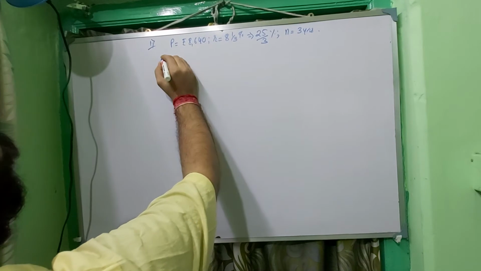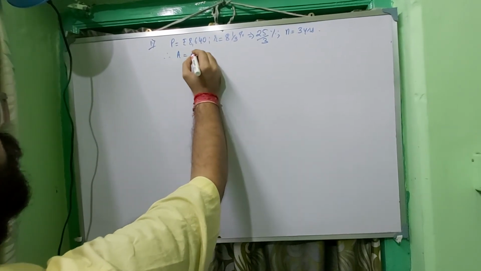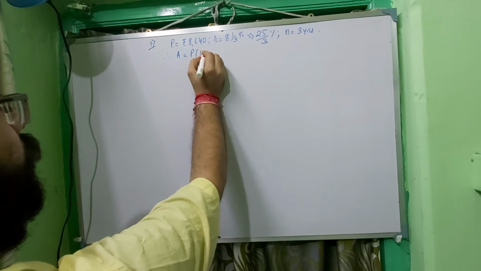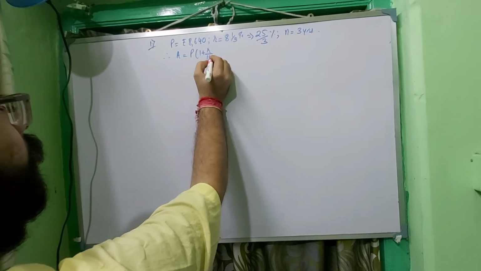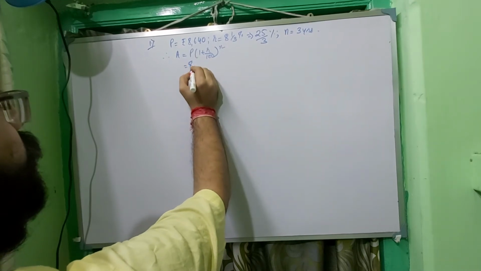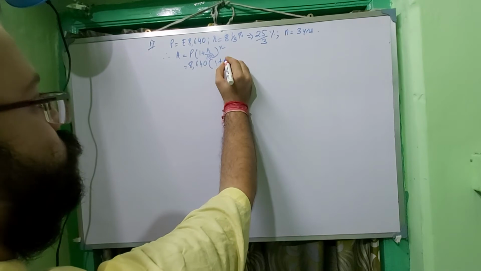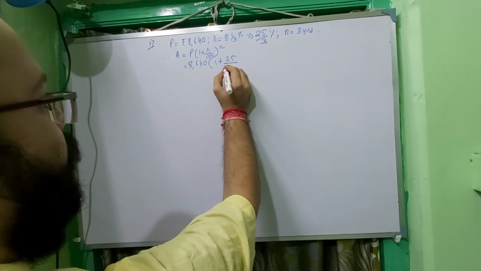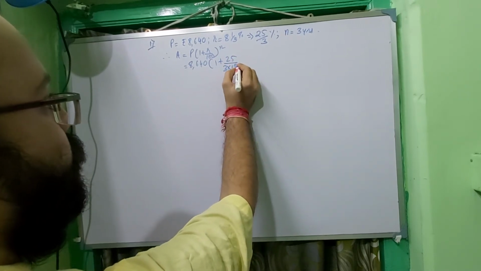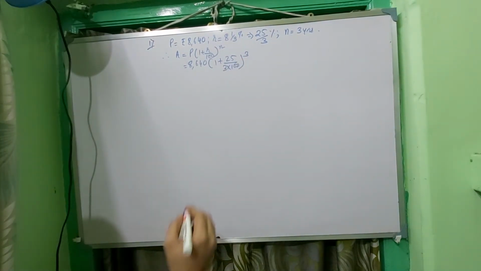As per the first formula, for annual interest, A is equal to P into (1 plus R by 100) whole to the power n. If you put the values in the formula, 8640 into (1 plus 25 by 3 into 100) whole to the power 3, the number of years.